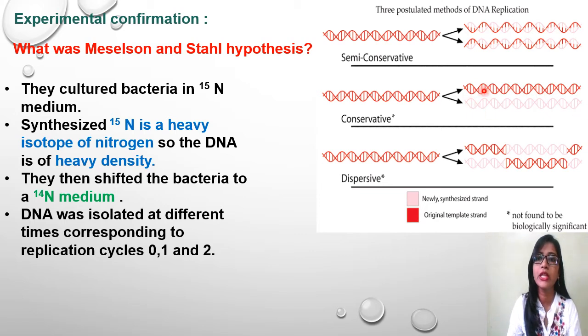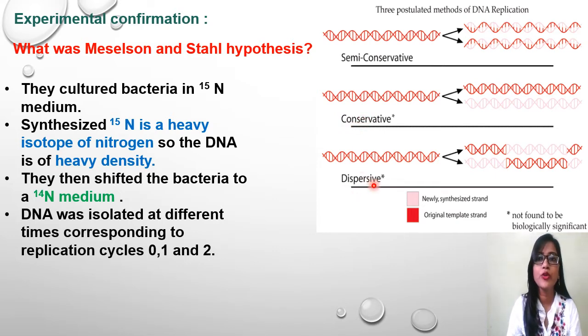So this is completely new strand and this is completely old strand, while this is completely new. So 100% old strand and 100% new strand gets formed, which was again proved false.